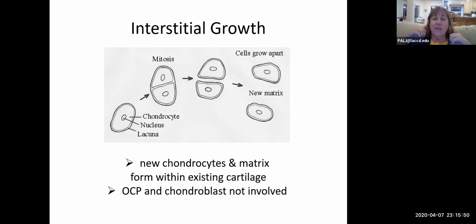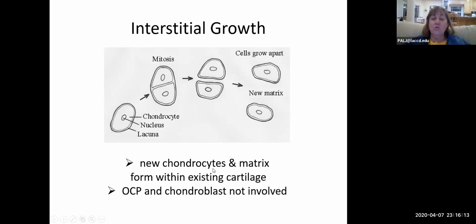So what happens is they start secreting the extracellular matrix. And what that does is it pushes them apart. And so the cartilage is growing by making new matrix between chondrocytes.